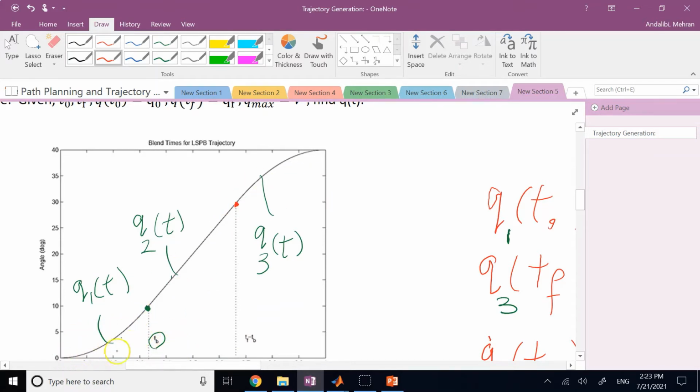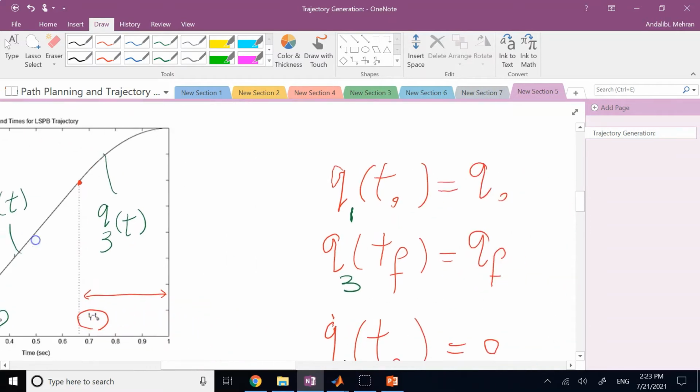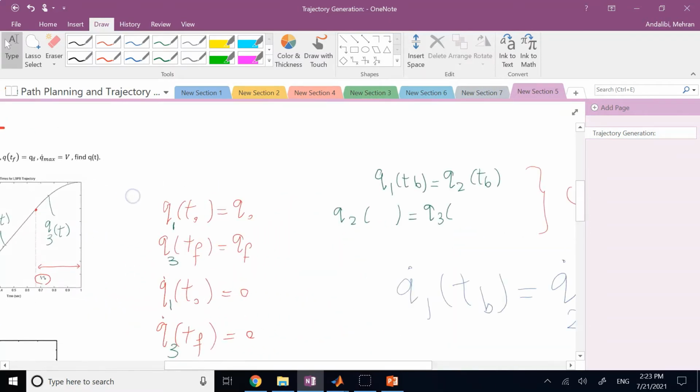Okay, so if the left hand side is t blend, the right hand side also this distance should be t blend. So the time point is t final minus t blend. So you have to say q2 at t final minus t blend is the same as q3 at t final minus t blend.